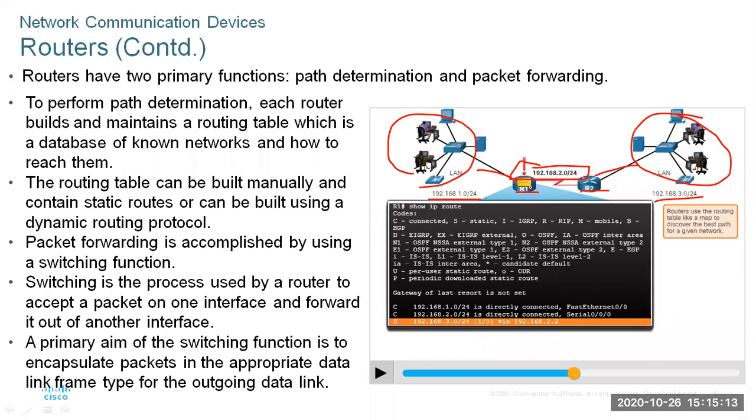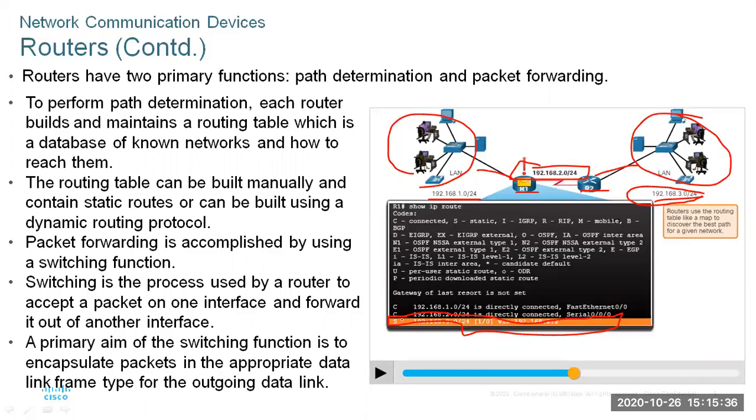For instance, on router 1, we add a static route. You can see it here. You add a static route to tell the router that if you want to go to this network from here, follow this line, follow this exit, follow this interface. That is what this configuration is saying.